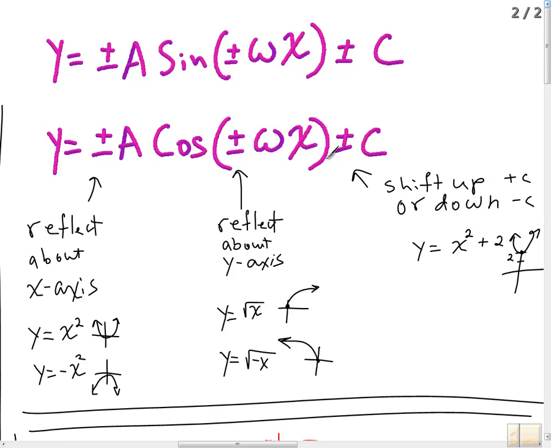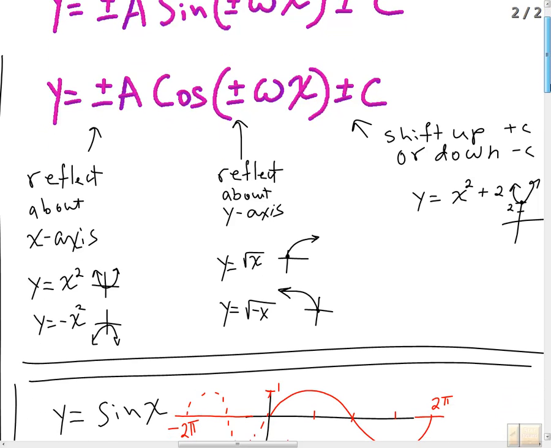Now this plus or minus c here is going to make it shift up or down by c units. Like if we had x squared plus 2, that will make our vertex shift up to (0, 2). And so we get that shifting effect, just like we would for any other parent graph.